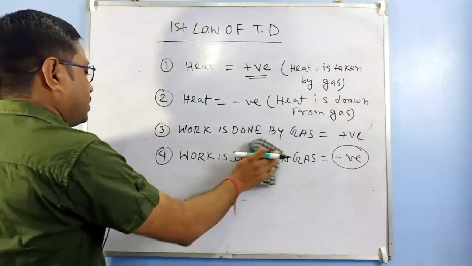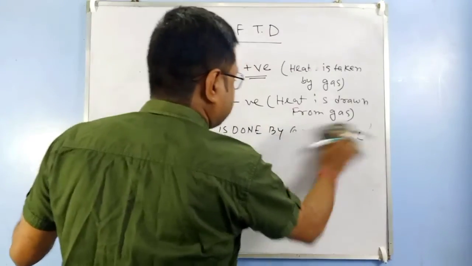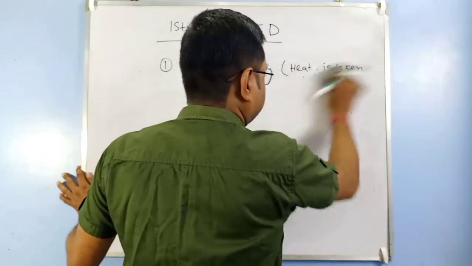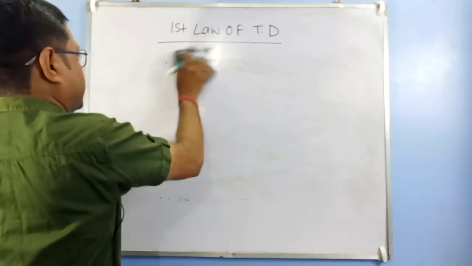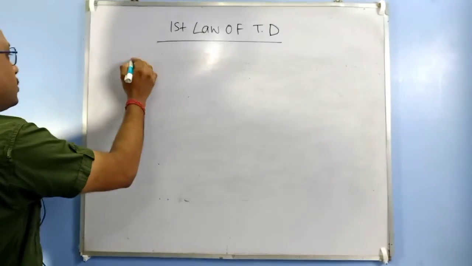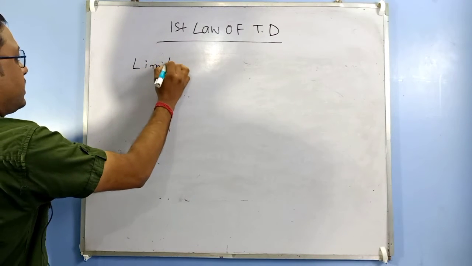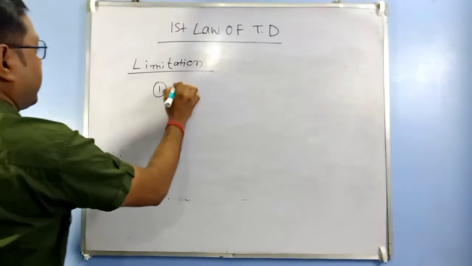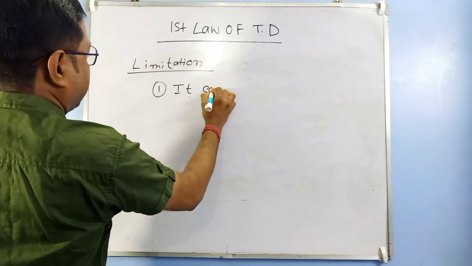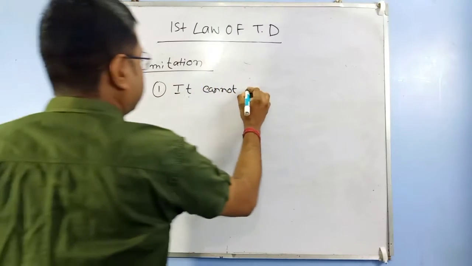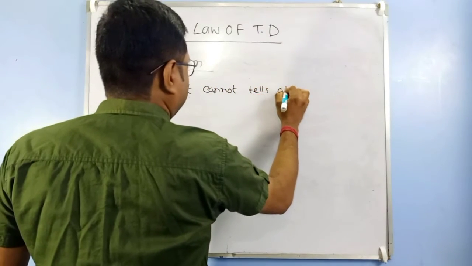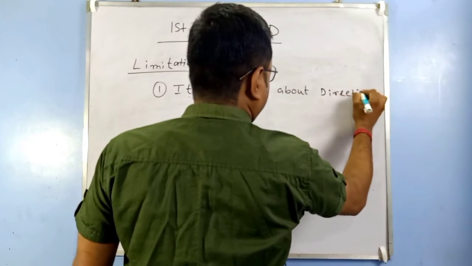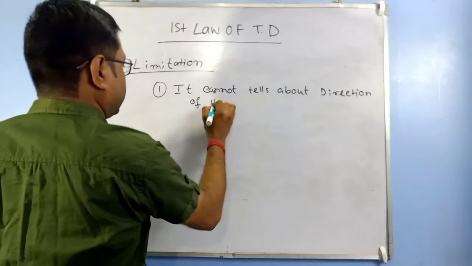So, we know the first law of thermodynamics, how it comes from. Now, we can show the limitations of the first law of thermodynamics. Number 1, it cannot tell about the direction of heat flow.